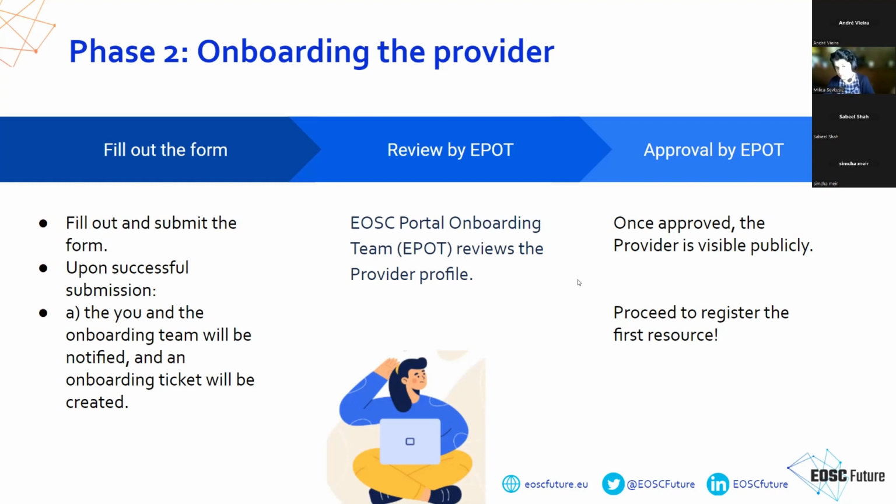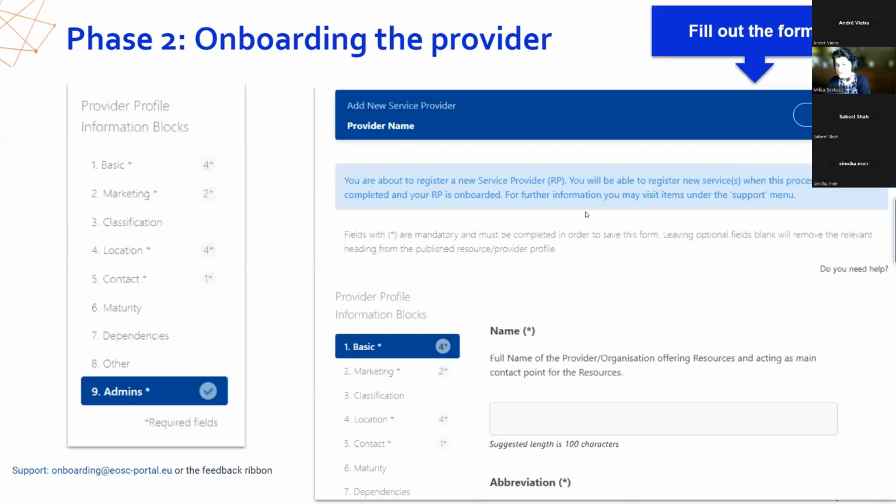So you first confirm that you log in as an authorized provider's representative. Then you register a provider and fill out the form. Basically, this is filling out the form and being patient until you get a response. And then you fill out another form.